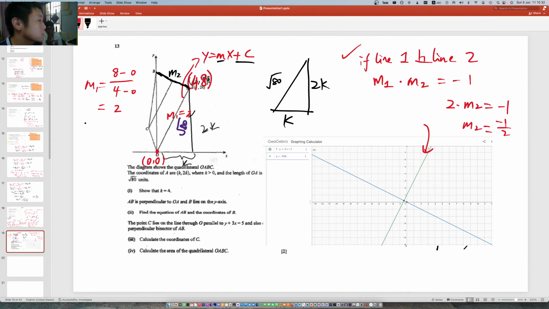So m1 times m2 is equal to -1 because of the perpendicular property. My m1 is 2, so my m2 is -half. So I find the gradient for that AB already.